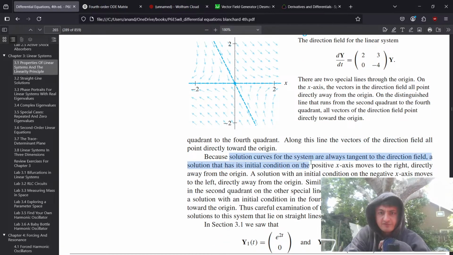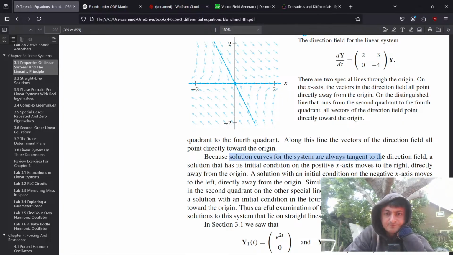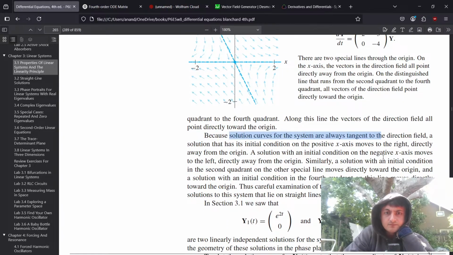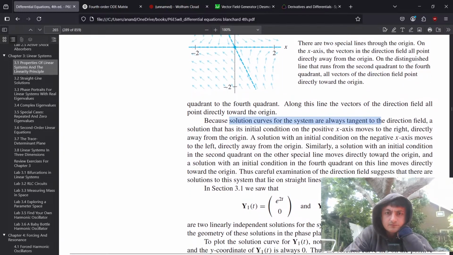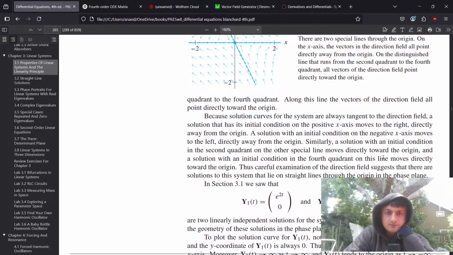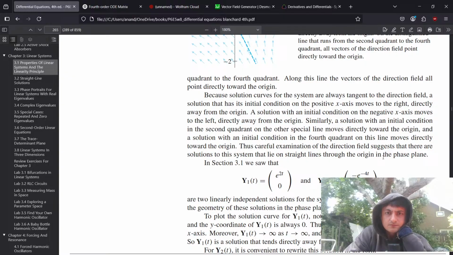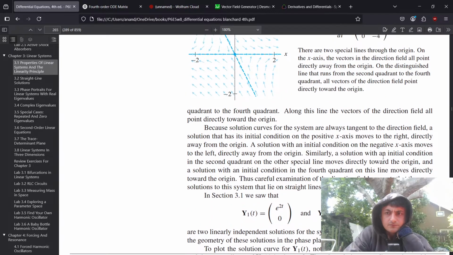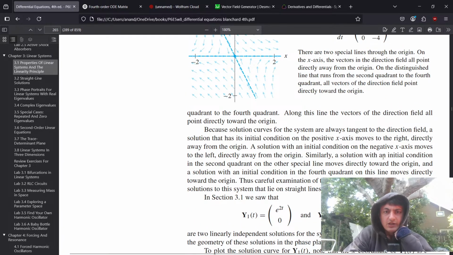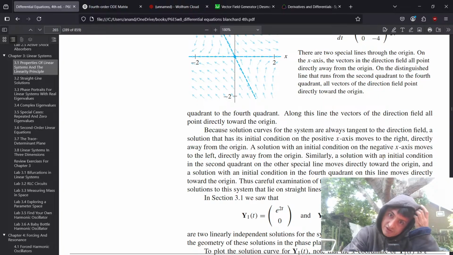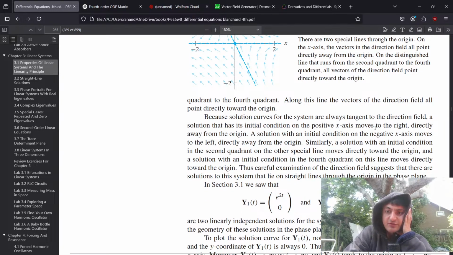Because solution curves for the system are always tangent to the direction field, a solution that has its initial condition on the positive x-axis moves to the right, directly away from the origin.